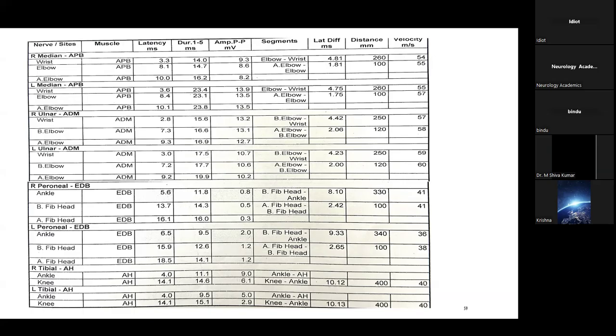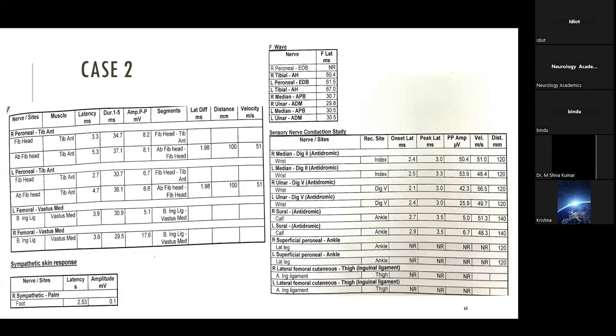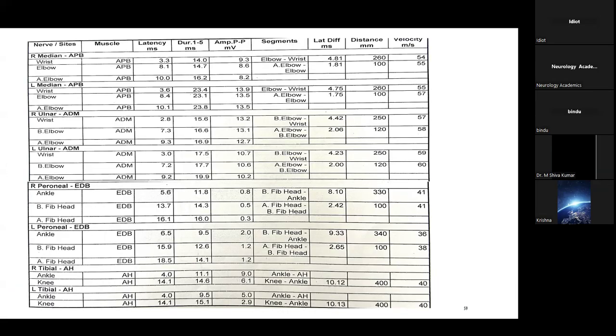Tibial latency is normal. Amplitude on the left is slightly reduced, and velocity is normal. It is not asymmetric, but it is mildly reduced.